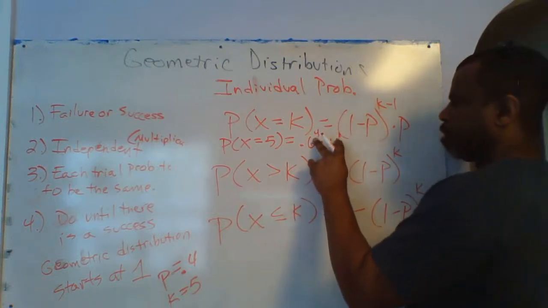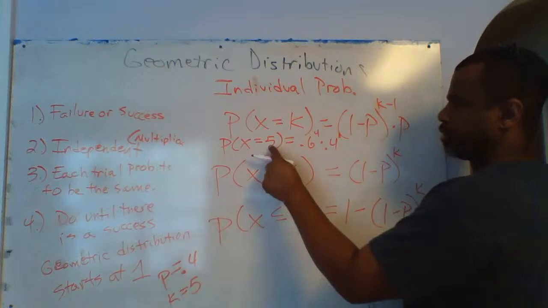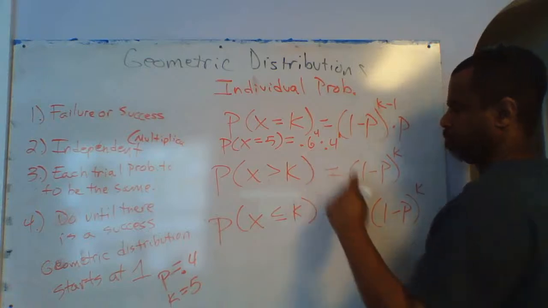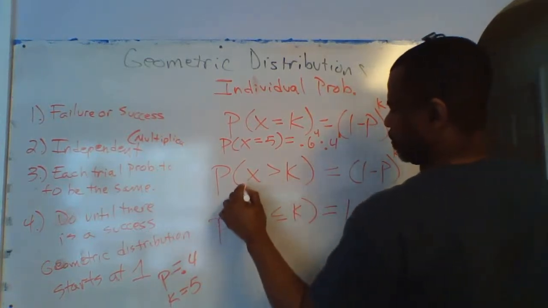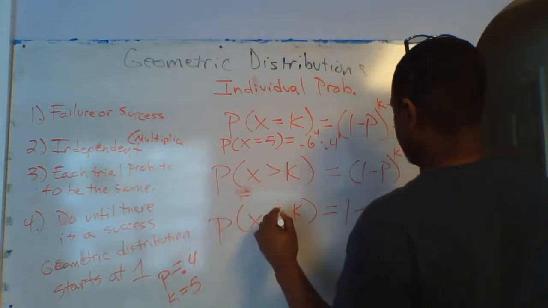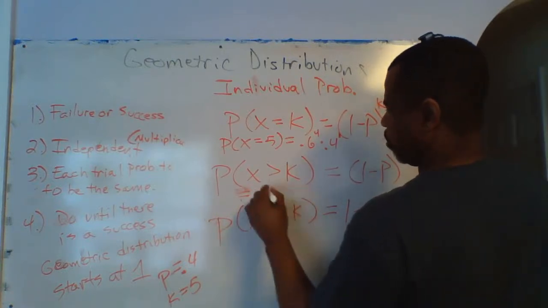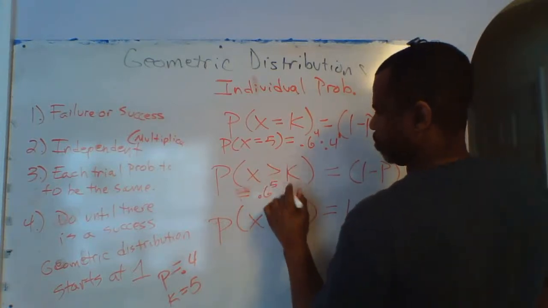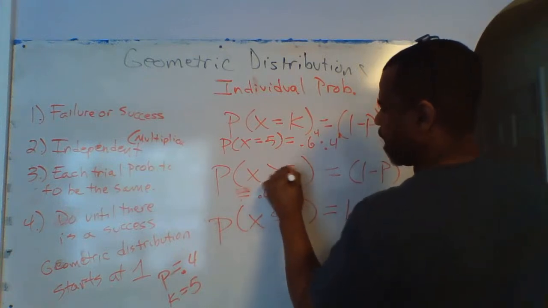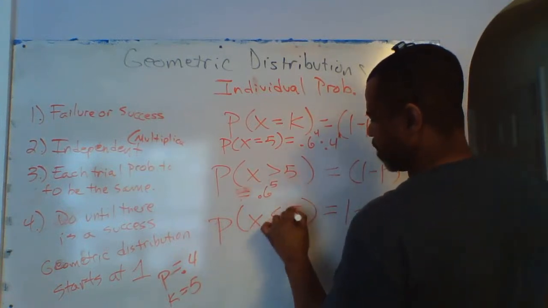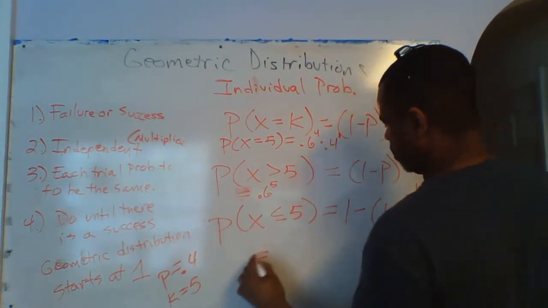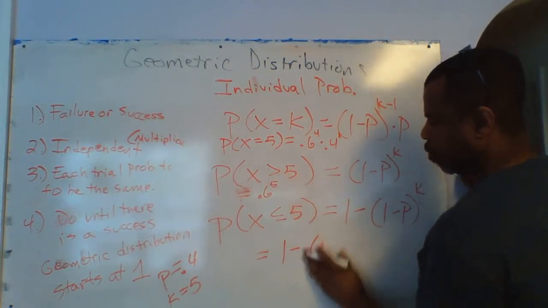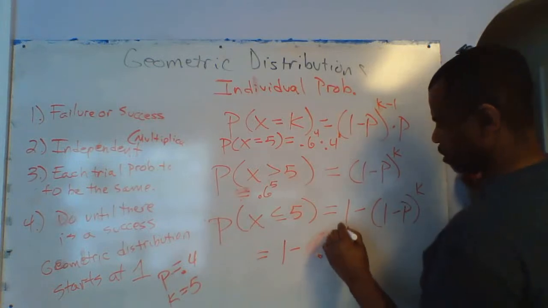Because remember, your exponents have to equal your sample size minus one, and your bases have to equal 1 minus p. For this one it's 0.6 raised to the 5th, and for the cumulative one, it's 1 minus 0.6 raised to the K.